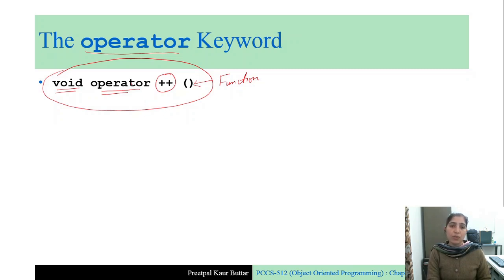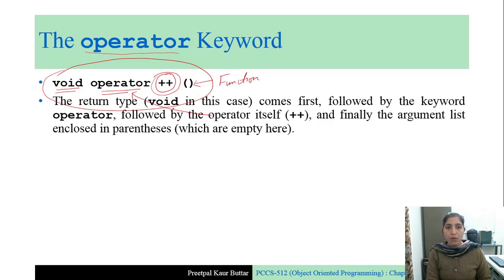How does the compiler know that this is used to overload an operator? The compiler knows it by looking at this operator keyword. Whenever this operator keyword is encountered, it means we are defining a function to overload an operator. Which operator? The operator which is written just after the operator keyword. Okay. So the return type which is void in this case comes first.